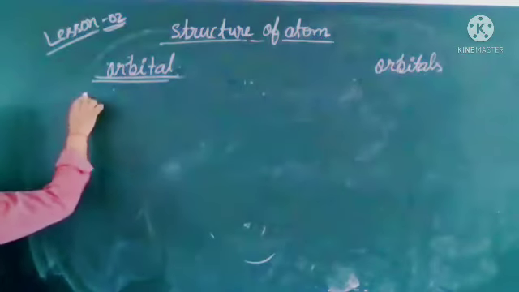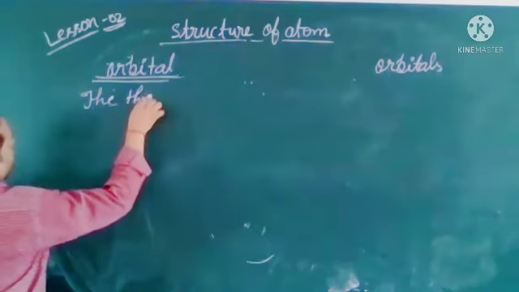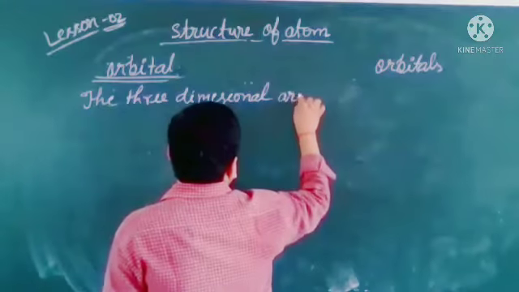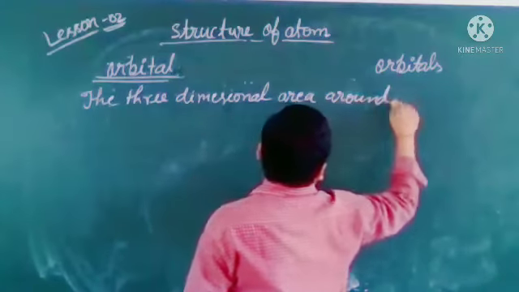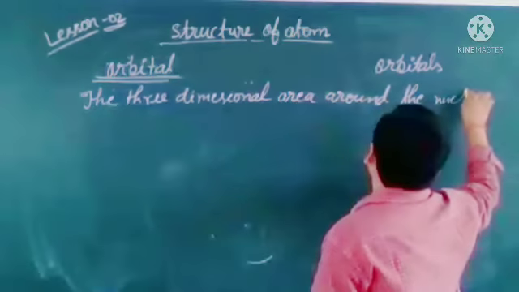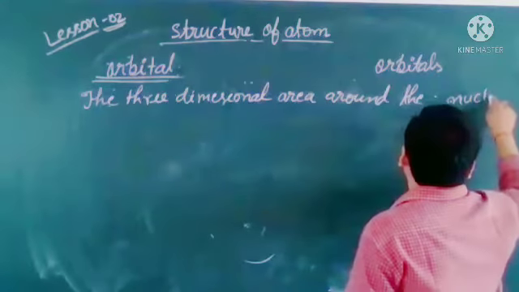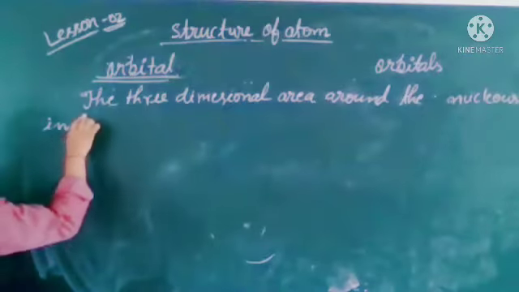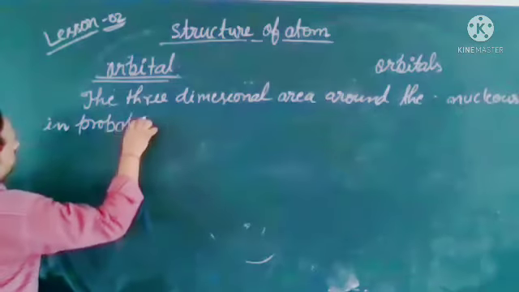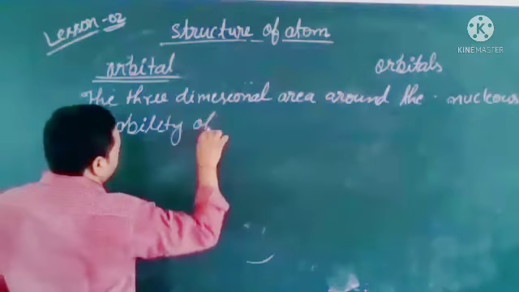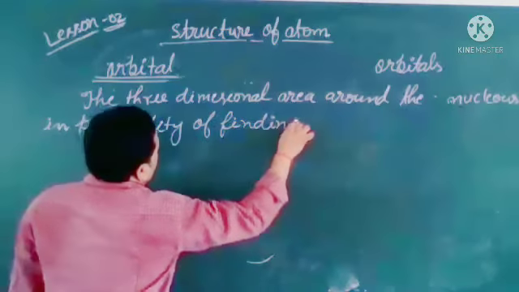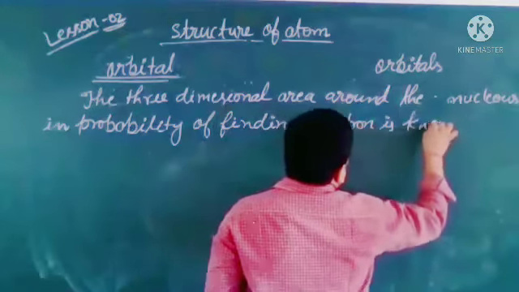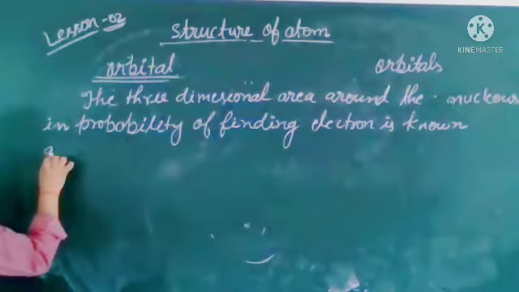First, we will write that: the three-dimensional area around the nucleus in which the probability of finding an electron is known as orbital.